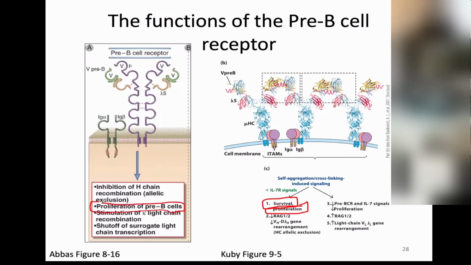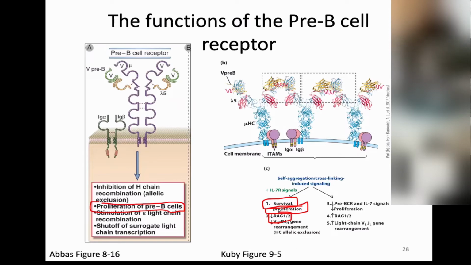So that's pretty important. And that proliferation is also happening at the same time where we turn off RAG1 and RAG2, because we don't really want to have these proteins that could break DNA around at the same time we're doing cell division, because that's a recipe for disaster if you have DNA breaking proteins around when you're copying the DNA.